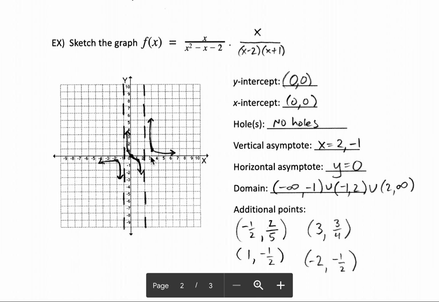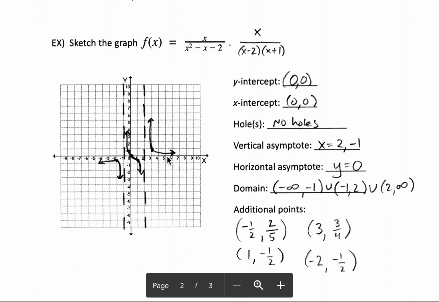If I plug in 3, I could plug 3 into the function and evaluate it, although I could also just look at the data table and see my output for an input of 3. It's 0.75 or 3/4, so I could plot that point approximately, knowing now that my graph is going to follow the horizontal asymptote, I hope, but certainly follow the vertical asymptote as it approaches and goes up towards positive infinity.